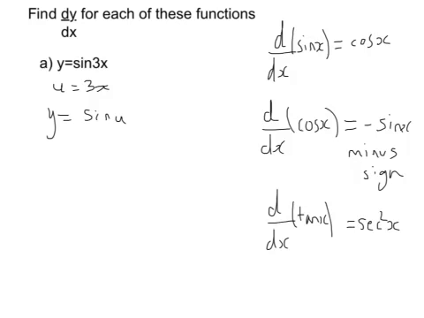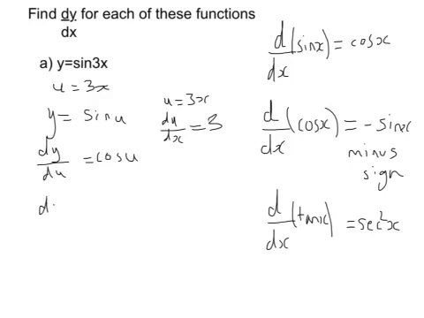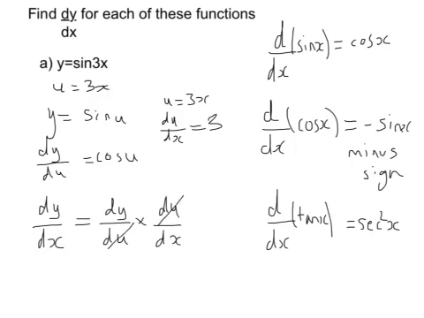Since u equals 3x, du by dx equals 3. And also dy by du equals, well, the differential of sine is going to be cos, so cos u. Now because I want dy by dx, I'm going to have dy by du multiplied by du by dx, because if I do that, multiplying those two cancel, I'm left with dy by dx.